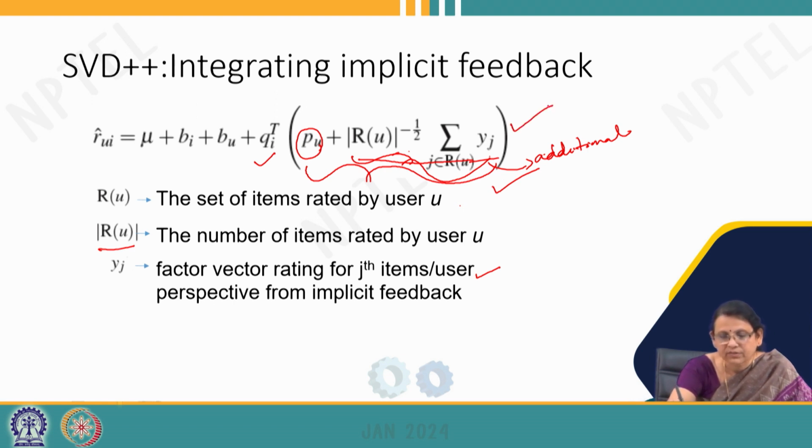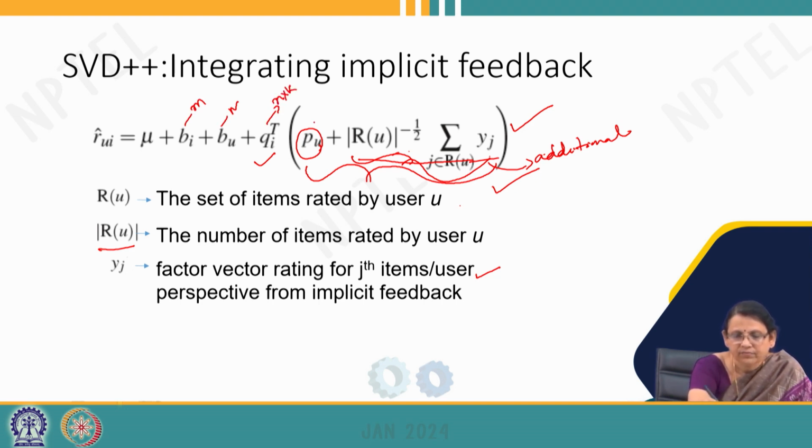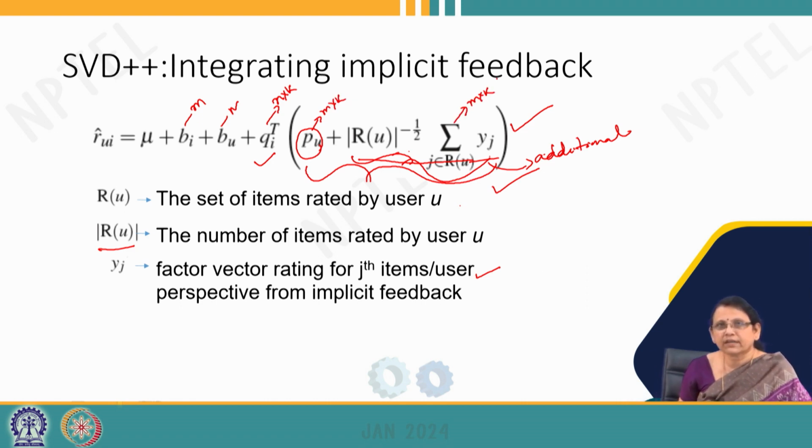Moving ahead with this, how many unknowns? Bi, Bu, Pi, Pu, Bi, M, this is N, how many? This is N cross K, this is M cross K, and this is also M cross K. Two vectors are getting added, so element by element they will be added.